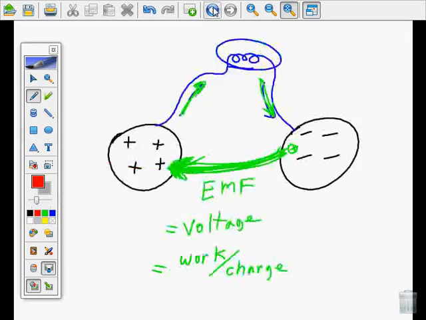Let's go back to our little diagram here. Let's pretend that our EMF, our voltage, between here and here, is a 12-volt EMF. And let's say that the current going through the wire, through the light bulb, is 2 amperes.